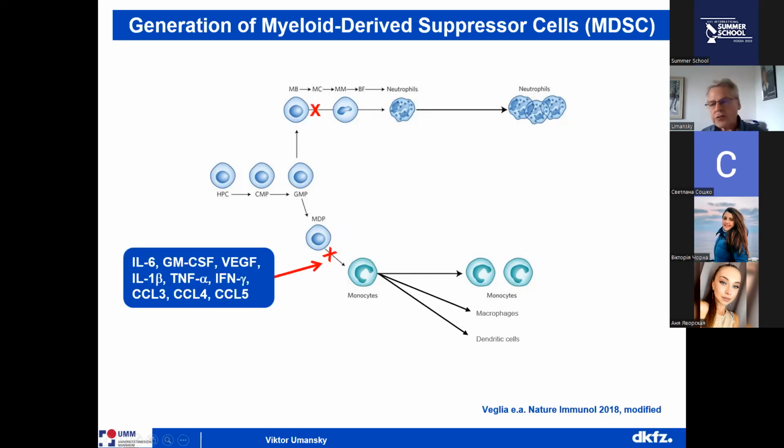But as I said, during chronic inflammation and tumor development, there is a constant, long-lasting production of inflammatory factors. They are very important for acute inflammation.